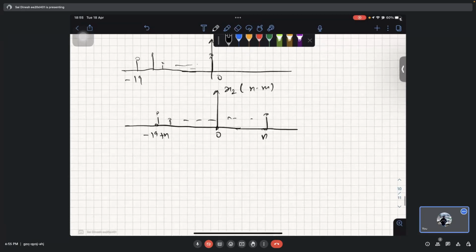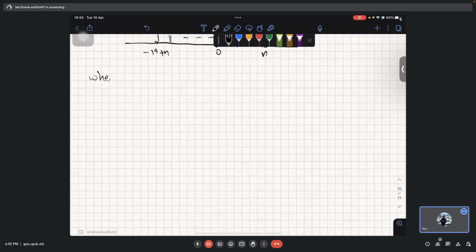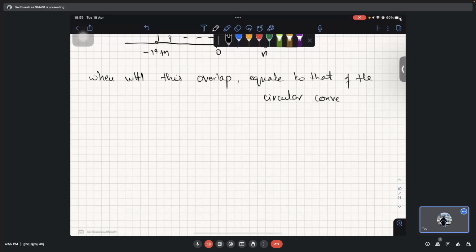So where will this overlap equate to that of the circular convolution?